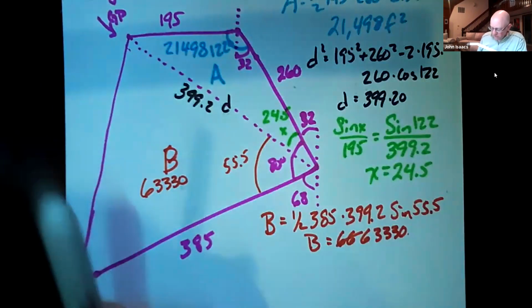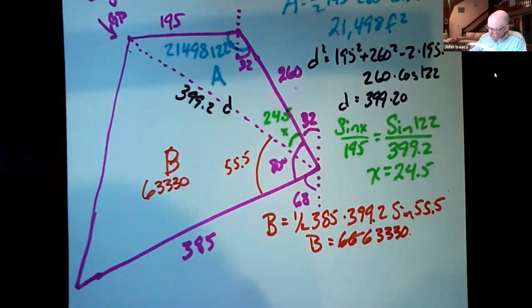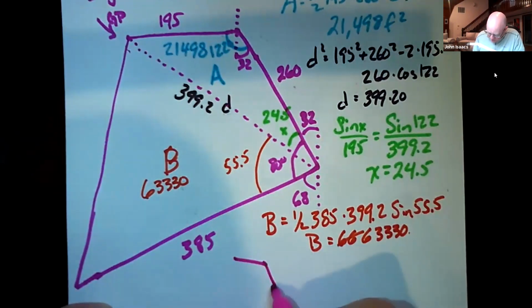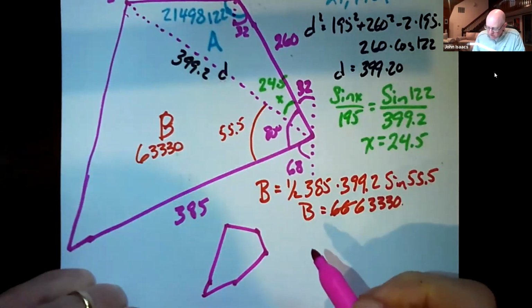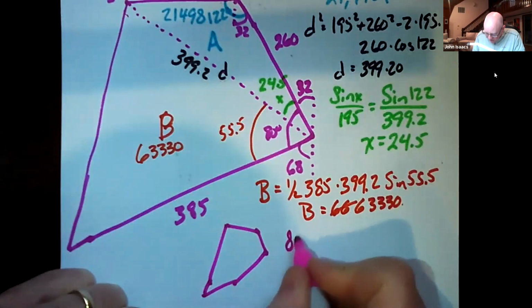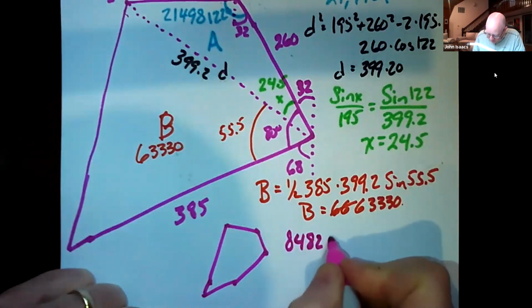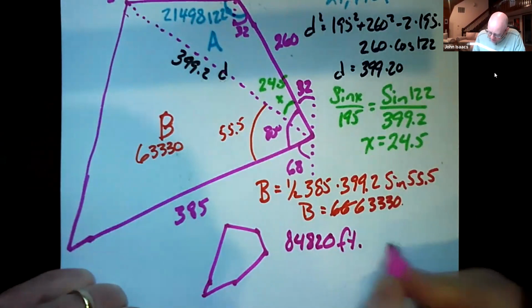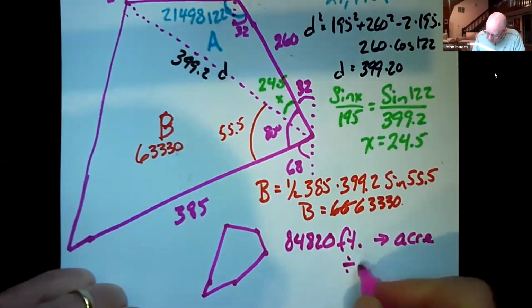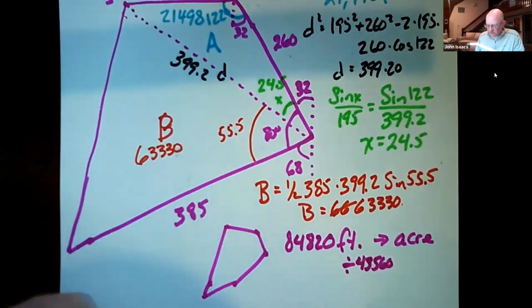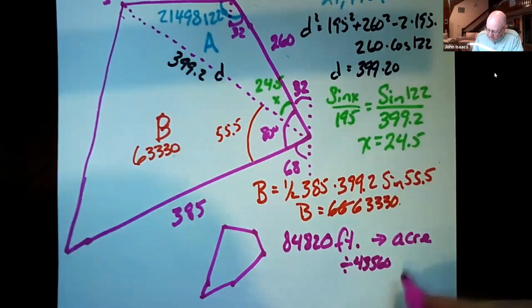So the area of the entire shape is the sum of those two things, which is 84,820 square feet. Now, if you want to go to acres, you need to divide by 43,560, because there's 43,560 square feet in an acre, and you wind up at 1.95 acres.